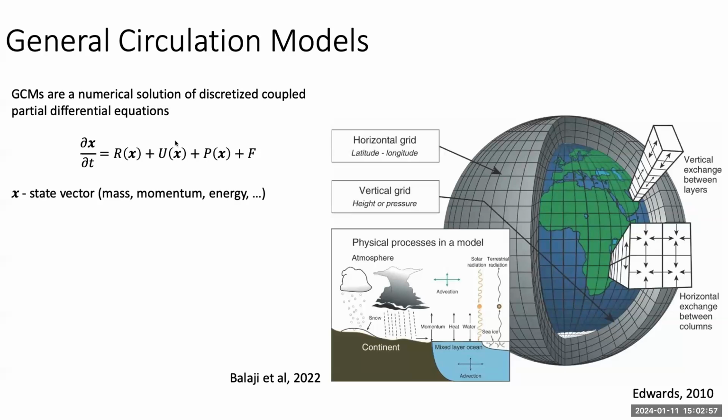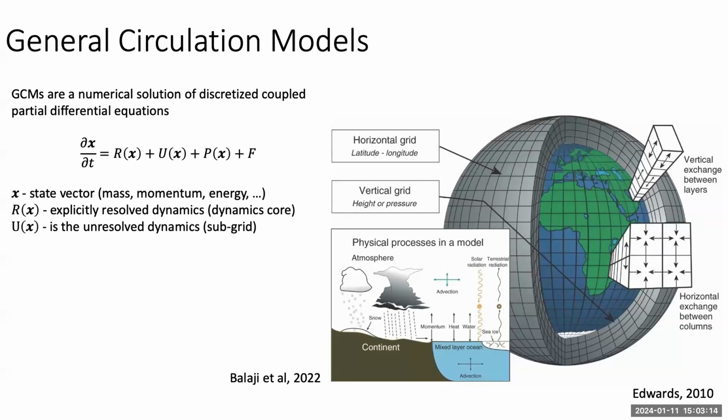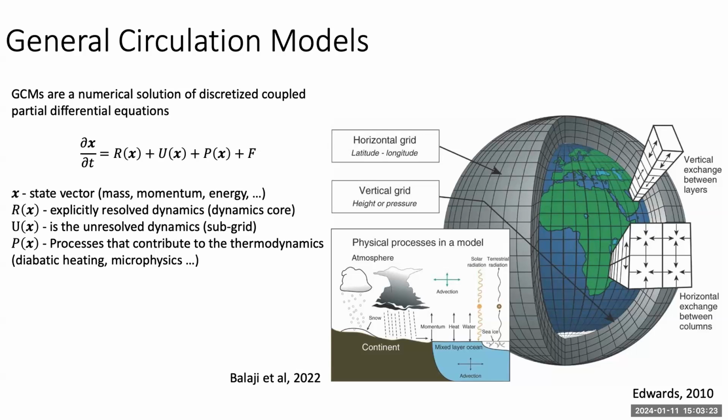The terms on the right-hand side are: R, the resolved dynamics, so everything within the grid cell or larger; U, the unresolved dynamics, so everything that is subgrid; P, all the processes contributing to the thermodynamics, such as diabatic heating, microphysics, surface interaction, and so on; and F, the external forcing.